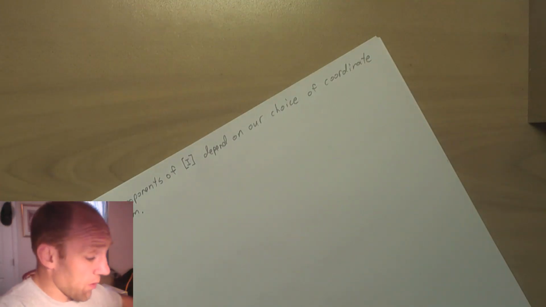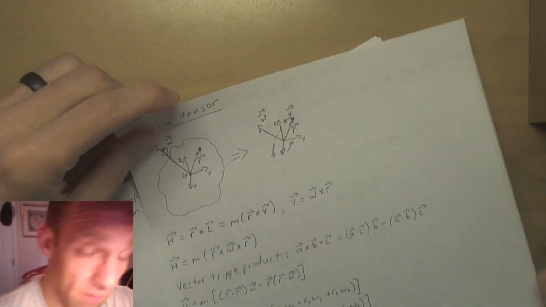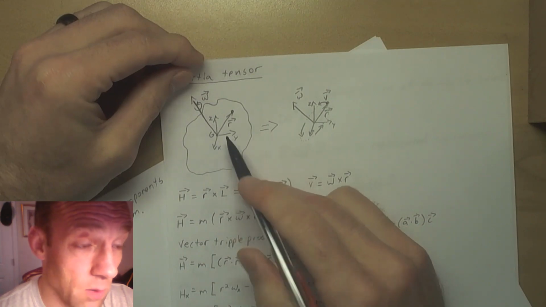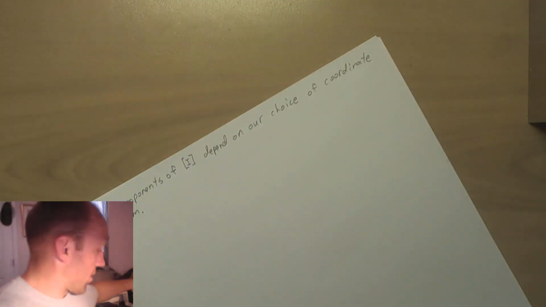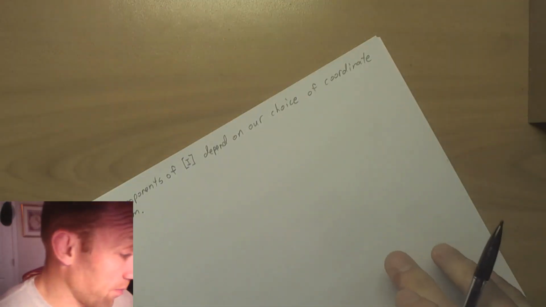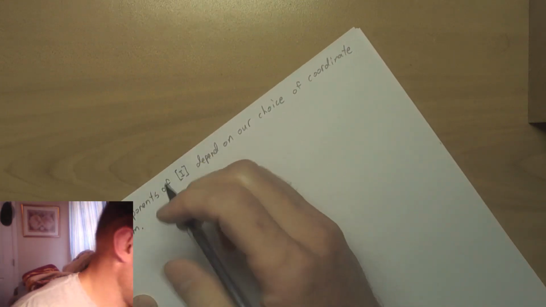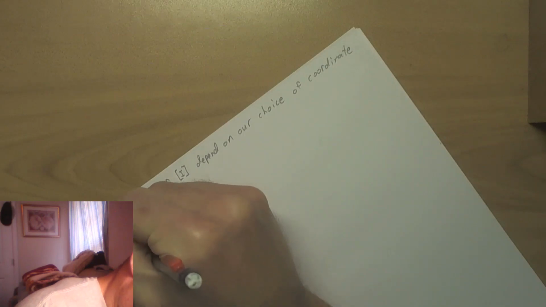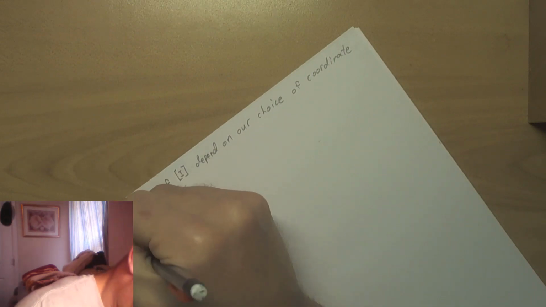All right, so we didn't have to necessarily choose this orientation for X, Y, and Z. We could choose any orientation we'd like. However, there is a particular orientation, and a certain special orientation.